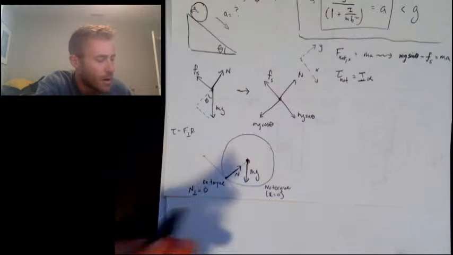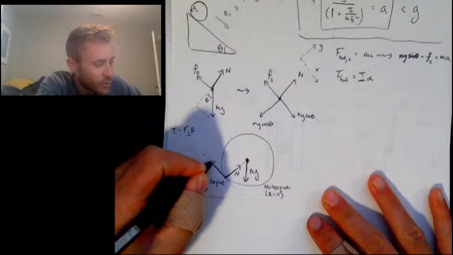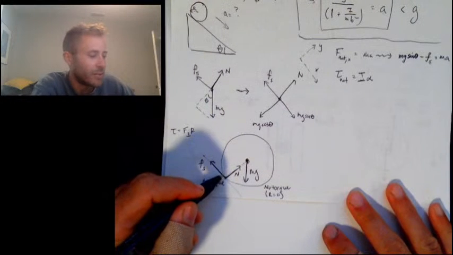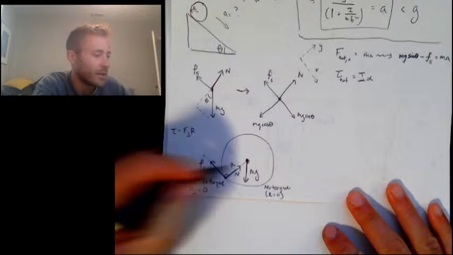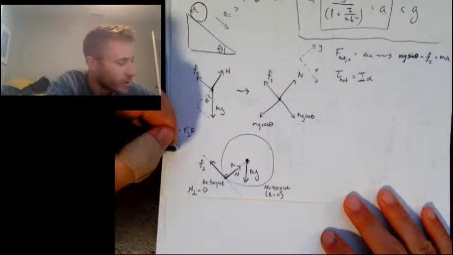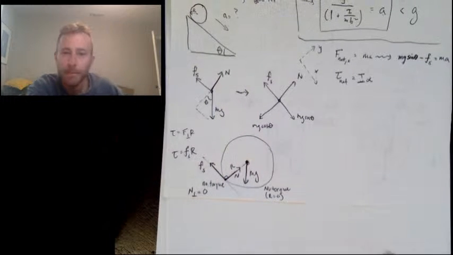Then we have the static friction force, which is going to act right here. It is acting perpendicular to this line, and it is a distance r away from the center. So the torque due to friction is static friction times r.